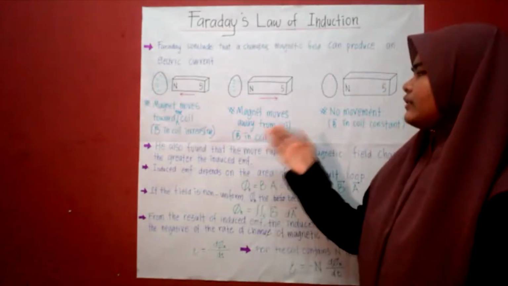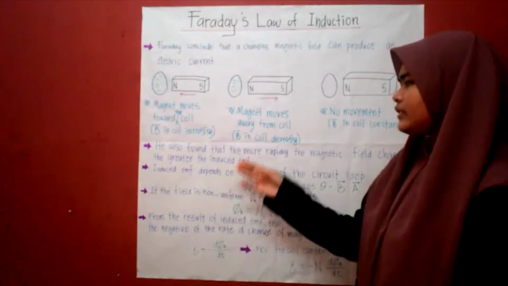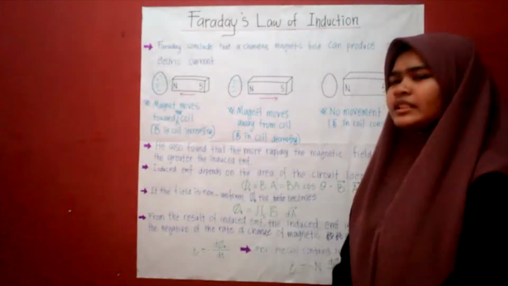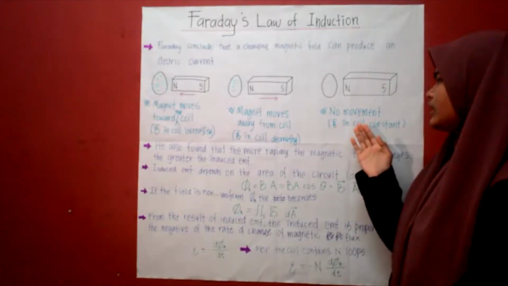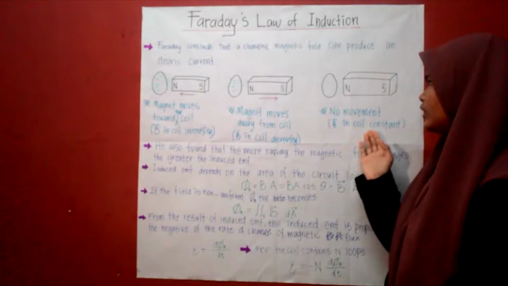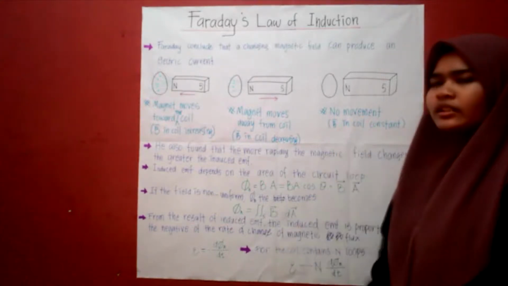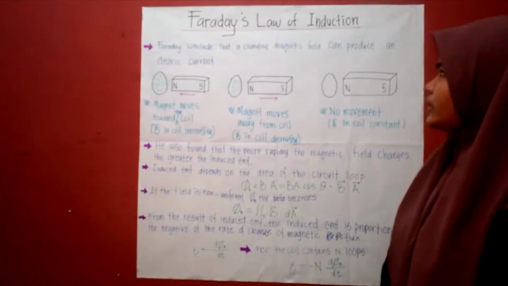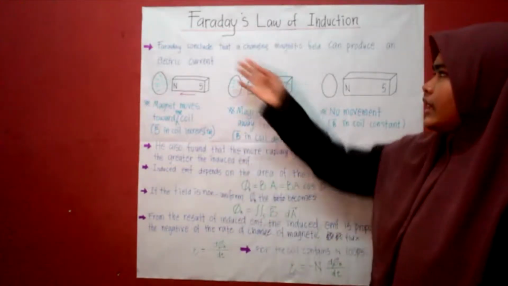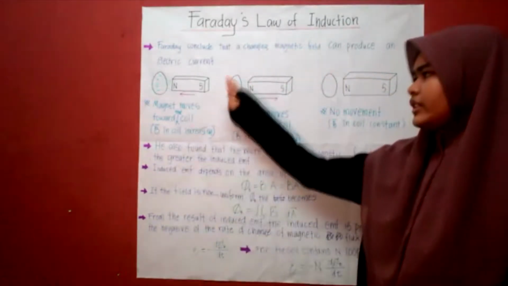After that, he moved the magnet away from the coil. Then he found that the magnetic field in the coil is decreasing. And if there is no movement of the magnet, the magnetic field in the coil stays constant. So Faraday concluded that a changing magnetic field can produce an electric current.